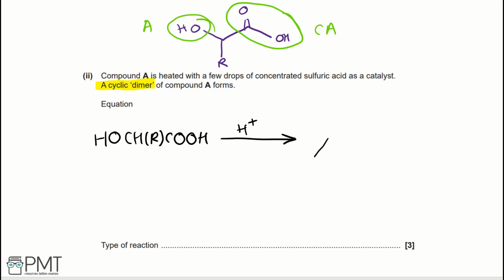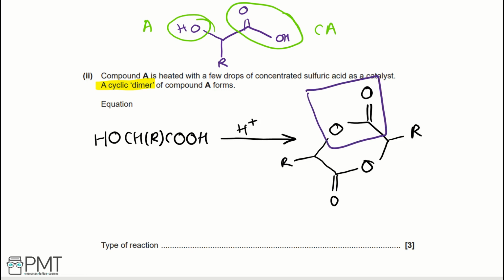So if we're having a dimer, and a dimer means that it's 2 identical groups attached, it's going to look a bit like this with our partial A attached either side. I will identify the ester links in just a minute. So if I'm showing the ester links, here is one ester link and here is our second.